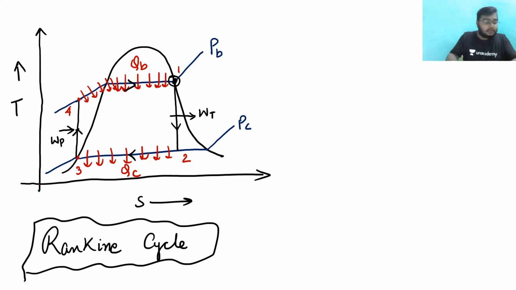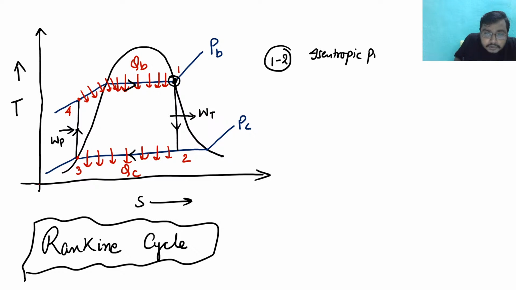Okay, fine. See here, 1 to 2. The 1 to 2 process is an isentropic process. Clear? What is the meaning of isentropic process?